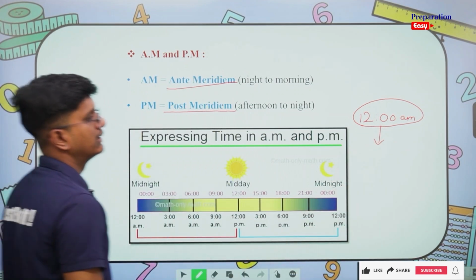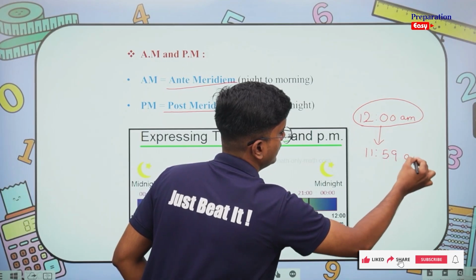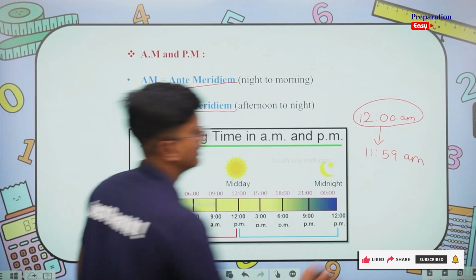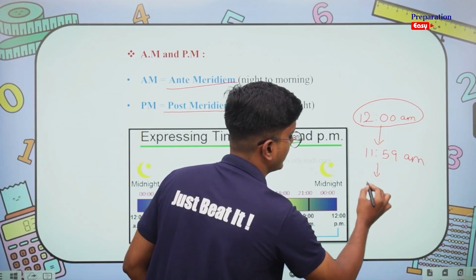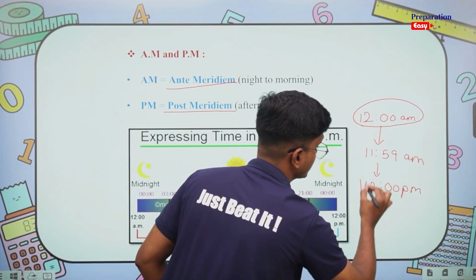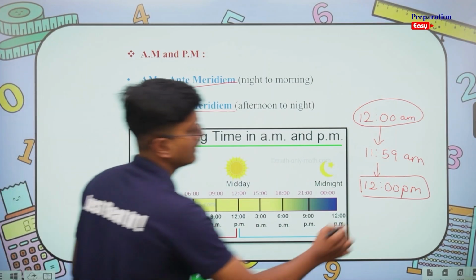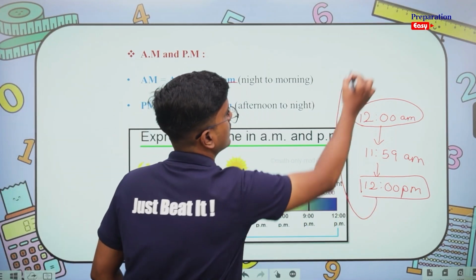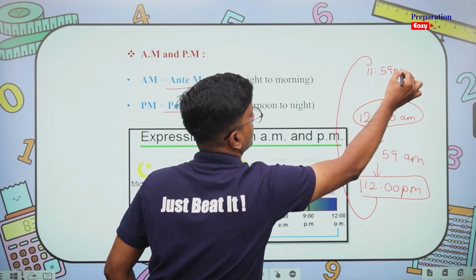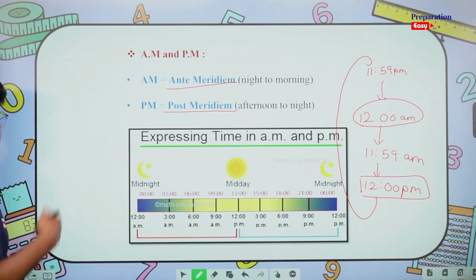From midnight till morning 11:59, it will be anti-meridian, from night till morning. After exactly 11:59 we have again 12, but we will start with PM, which is post-meridian. We will start with post-meridian, and from this 12 PM till again 11:59 PM. After that we will have 12 AM. It's a repetitive cycle.